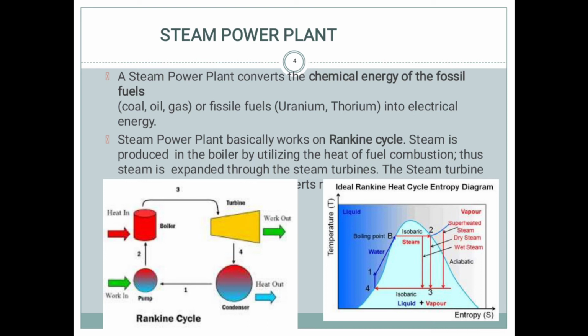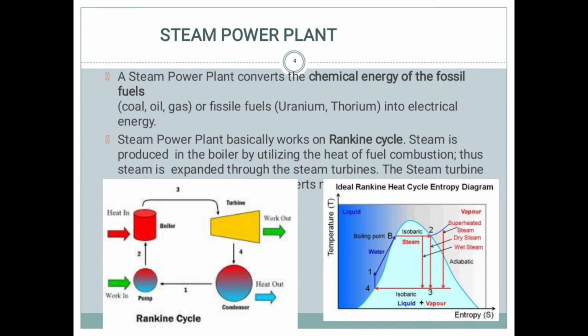After conversion to liquid, it is called condensate. The condensate is sent to the hot well. The hot well is nothing but the storage of water. The condensate and water are again sent to the boiler with the help of the pump.